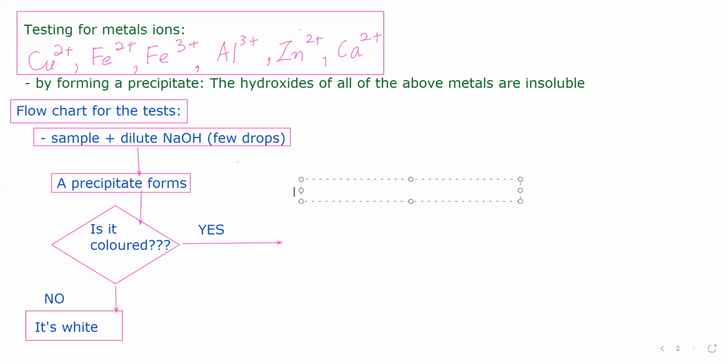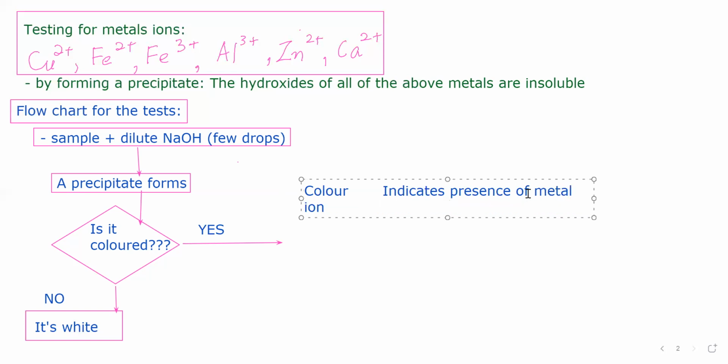So here, let's make two columns. In one, I will observe the color of the precipitate, and in the next column, it will indicate the presence of the metal ion.